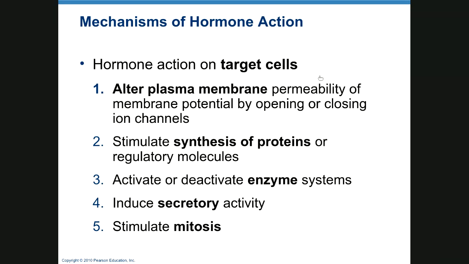Now, the mechanisms of hormone action, the ways that they act on target cells by altering plasma membrane permeability. They may stimulate synthesis of proteins, activate or deactivate enzymes, cause a cell to secrete something, or stimulate mitosis.